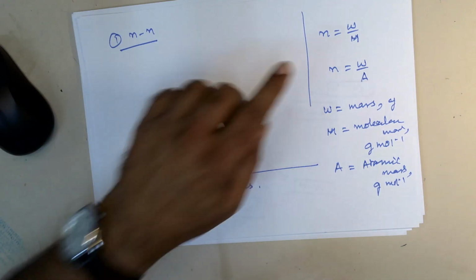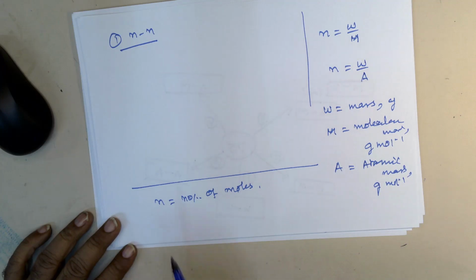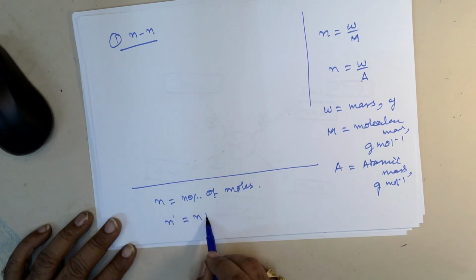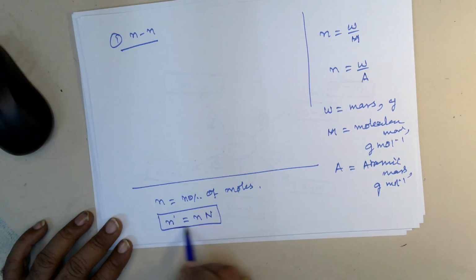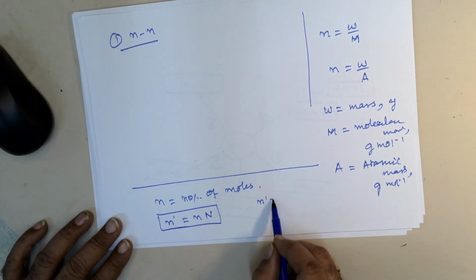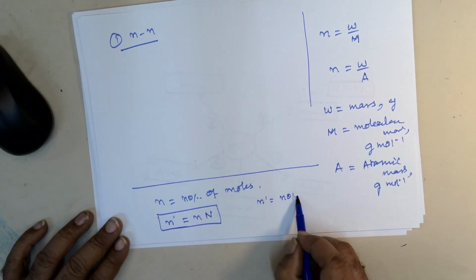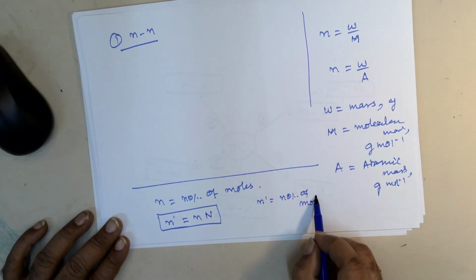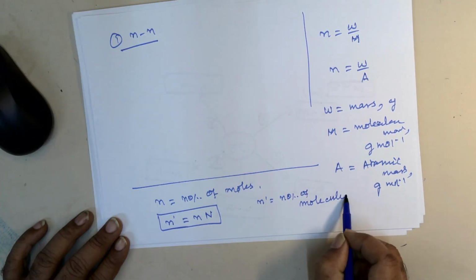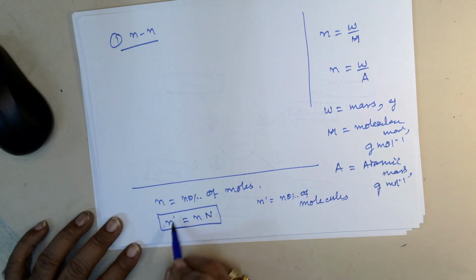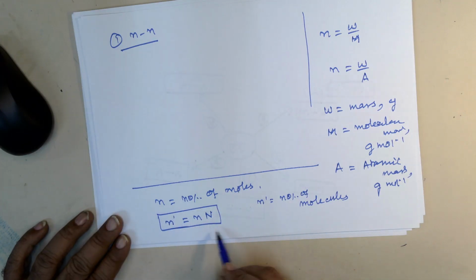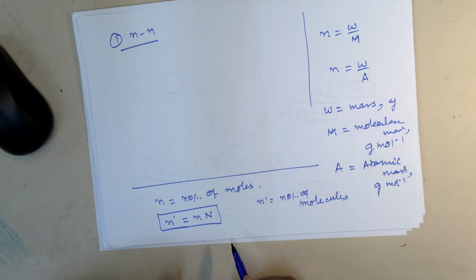Number of moles is N. The number of molecules and the number of atoms can be calculated. You have another equation: N dash is equal to N into capital N. Take down. And what is this N dash? That represents the number of molecules. You can even calculate the number of molecules based on this relation. And you know very well N is nothing but the number of moles, right? And what is the unit for this?